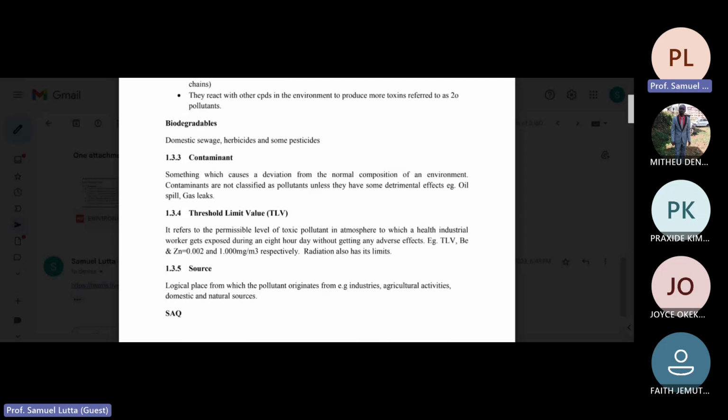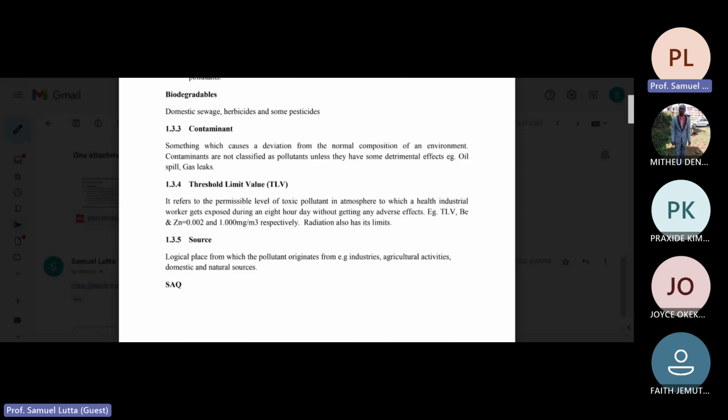And then we're just trying to brush through as we wait for our friends to see if they'll join us. We talked about a threshold value, a limit. We said for these chemicals, the amount that somebody is exposed to must be controlled. Otherwise, if it passes that amount, then it becomes harmful.